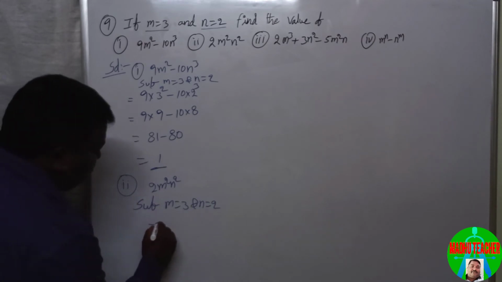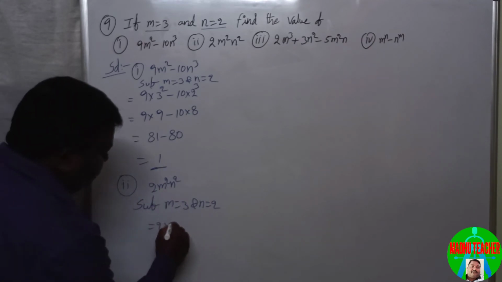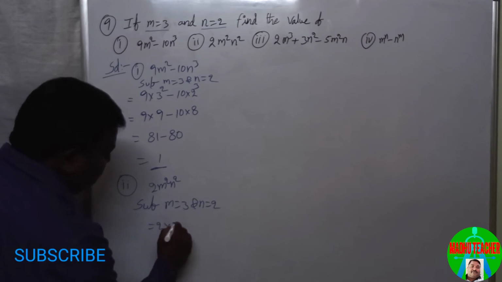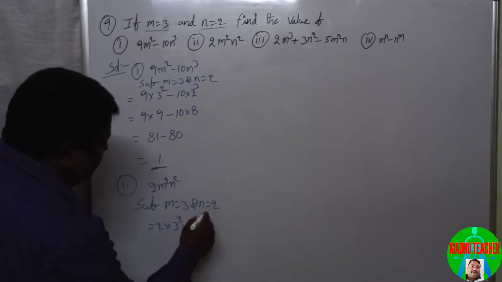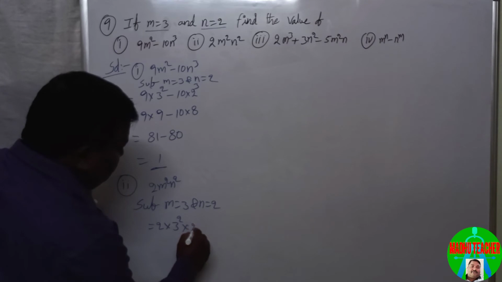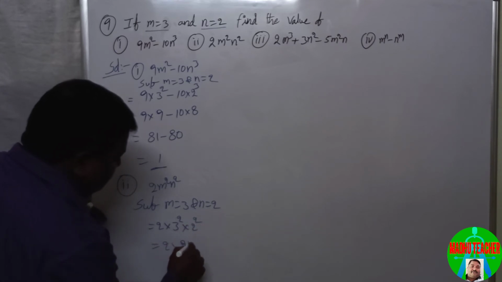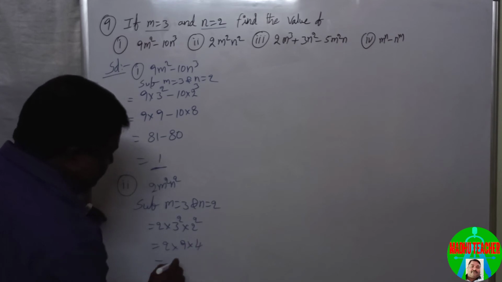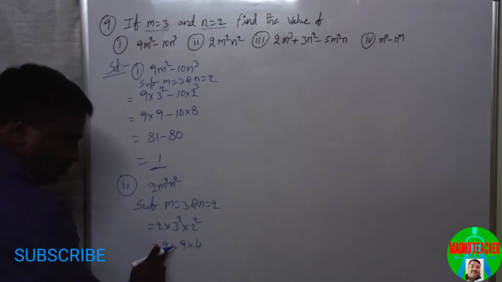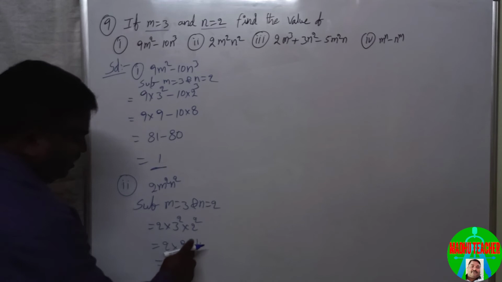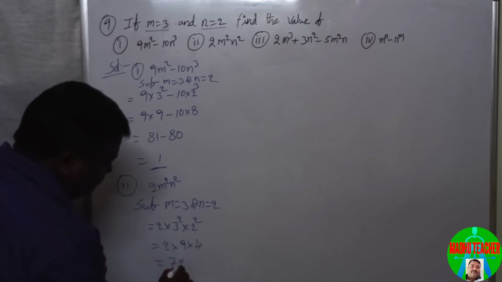That equals 2 into m square, 3 square, into n square, 2 square. That equals 2 into 3 square is 9, 2 square is 4. That equals 2 9s are 18, 18 4s are 72.